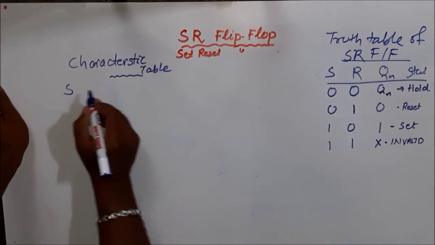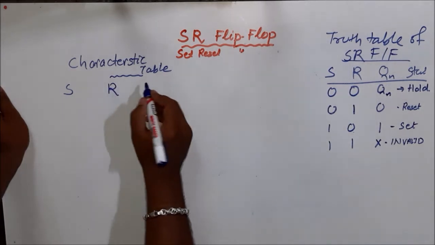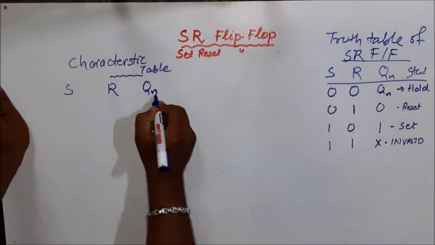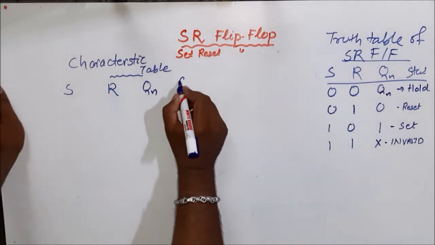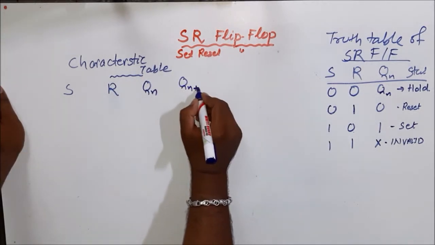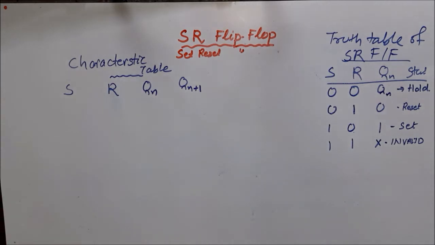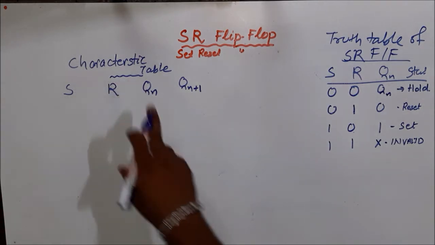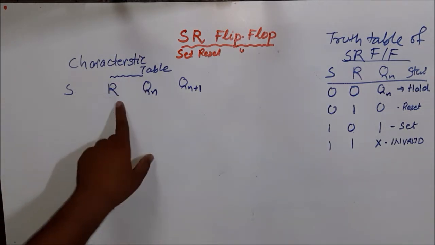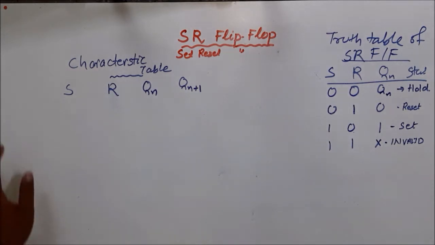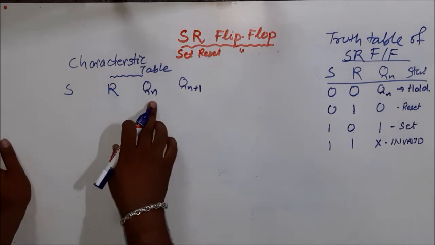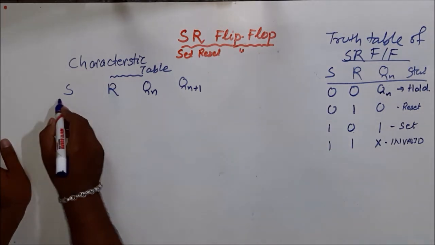So S and R, let us consider this is Qn. Qn is the first state. What is the next state? The next state will be Qn plus 1. Clear? That means characteristic table creates a relation between input, present state and the next state. So these two are input, this is my present state and this will be my next state.